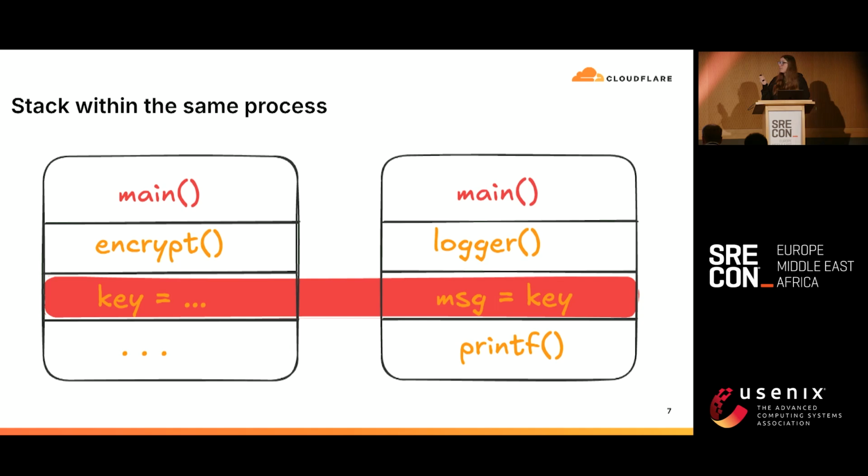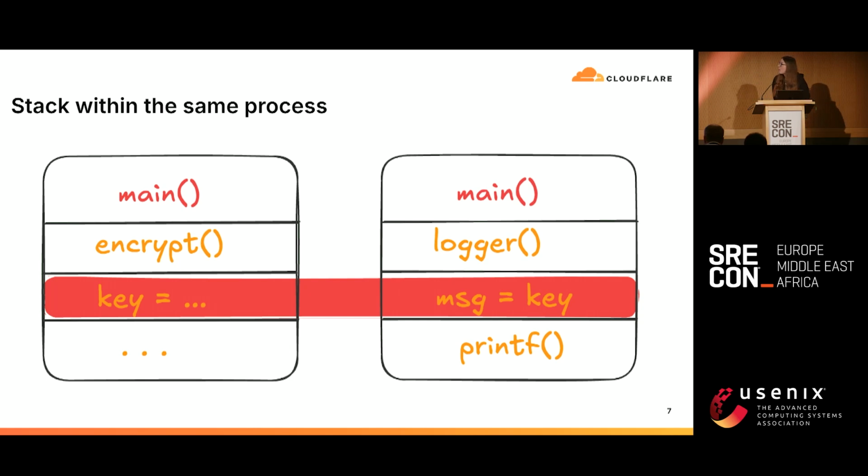And in our case, it's the logger. But unfortunately, we forgot to initialize the message in the logger function. And at the same time, we forgot to zero the key in the encrypt function after we stopped using it. And this is how it leaked. So the data from the previous call is still available in the process stack memory, and the next function just accessed it.